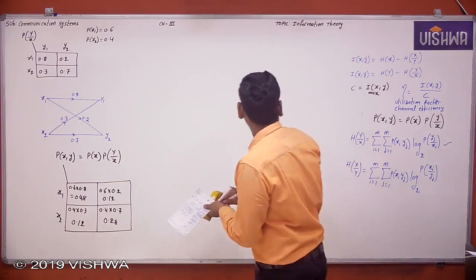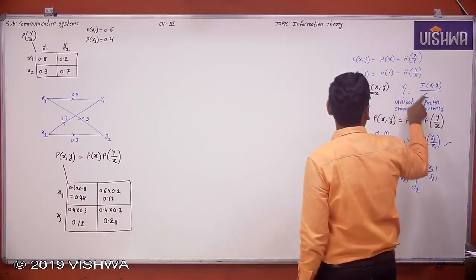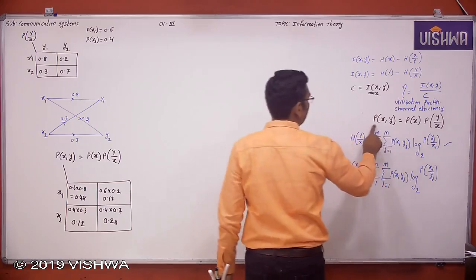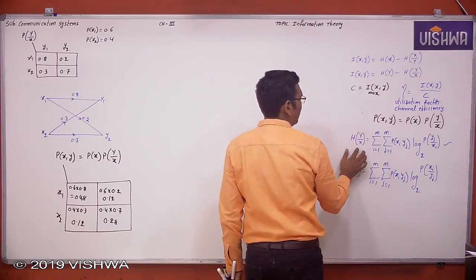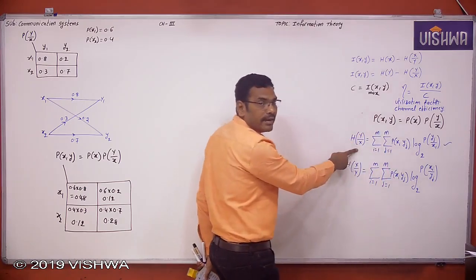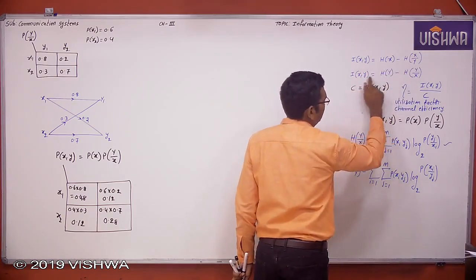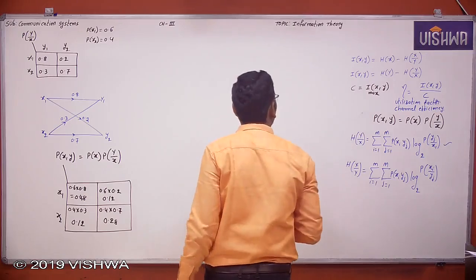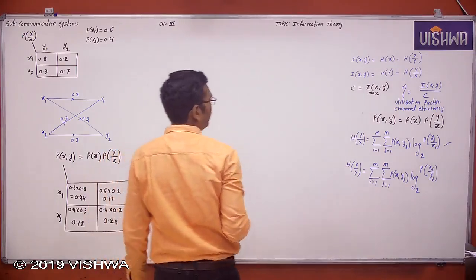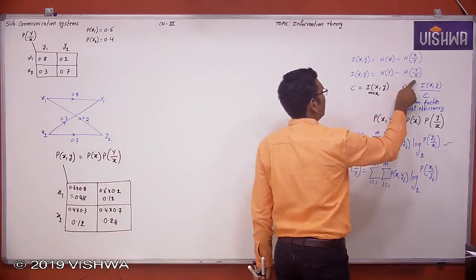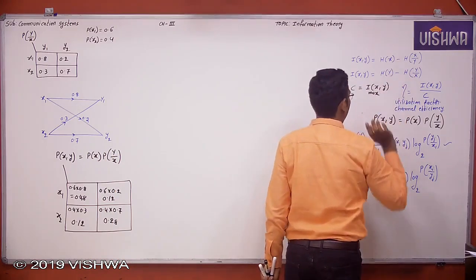Then what do we require? Once the joint probability is available, can I find the conditional entropy? Now we require the conditional entropy for finding the mutual information. So what is H of Y by X? We require both H of Y by X as well as H of Y. Okay.